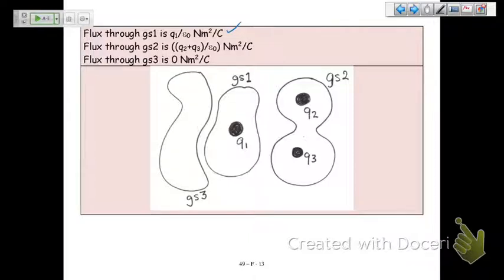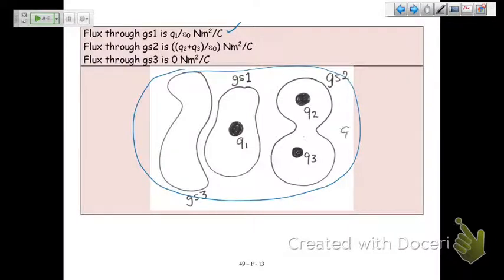And for Gaussian surface 2, it's the combination of these two charges, so it's Q2 plus Q3 over epsilon naught. And for 3, there's no charge inside. And for GS4, the flux would be Q1 plus Q2 plus Q3 over epsilon naught, newtons per coulomb meter squared.